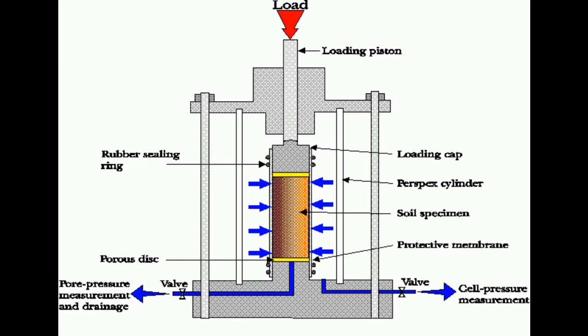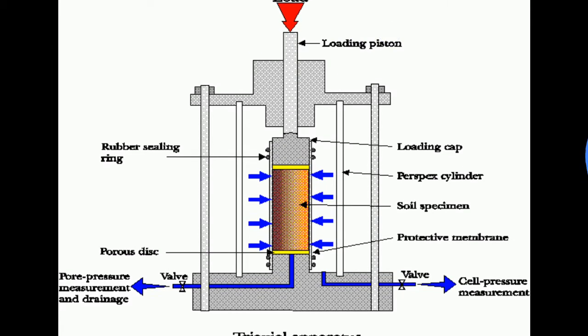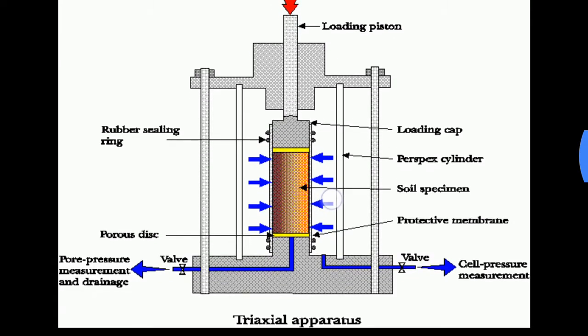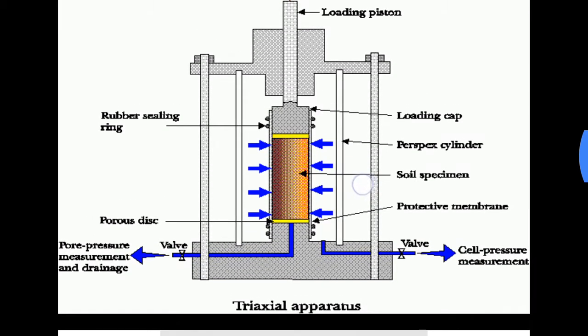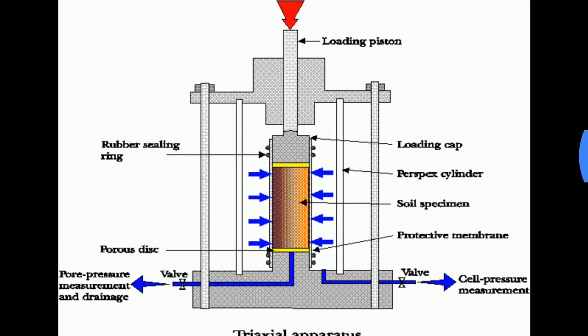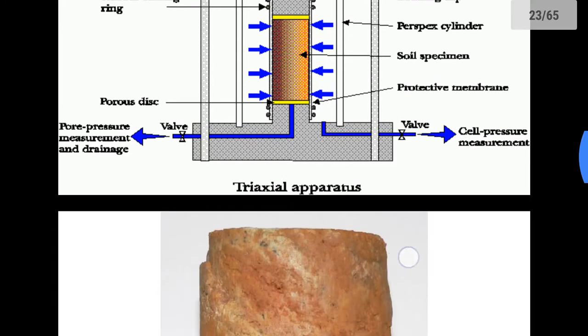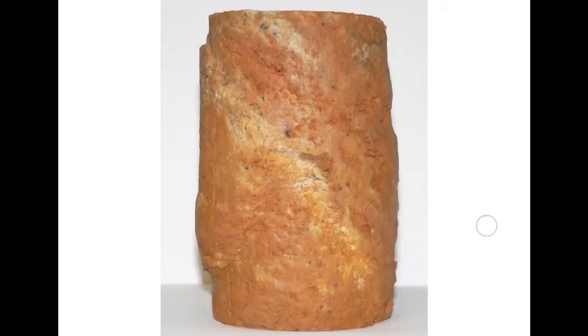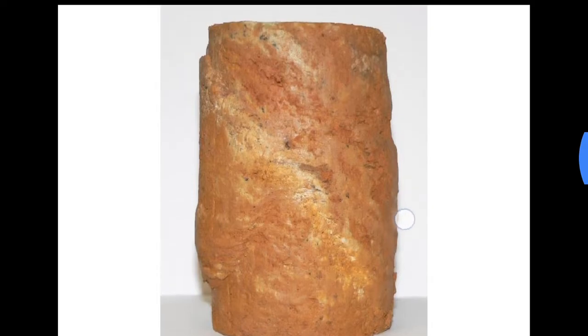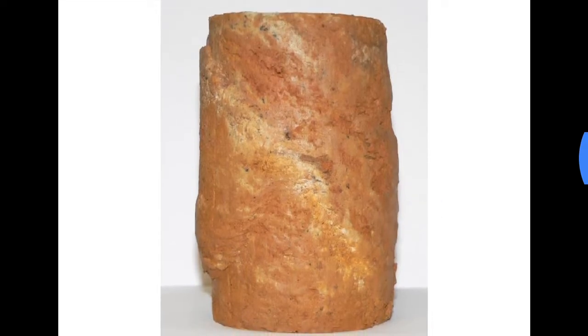Now due to a combination of the normal force and this force, the soil specimen will fail in shear, and the load which causes this failure is known as the shear load. This is a soil specimen which has been failed under triaxial compression test.